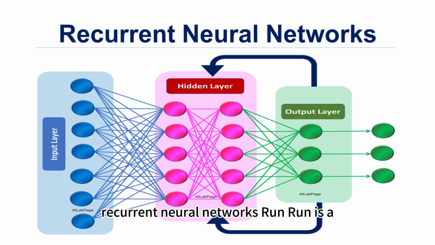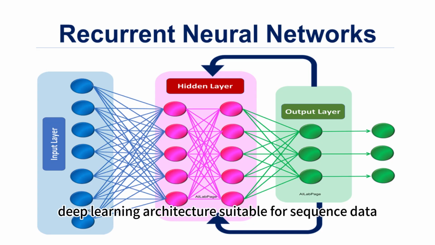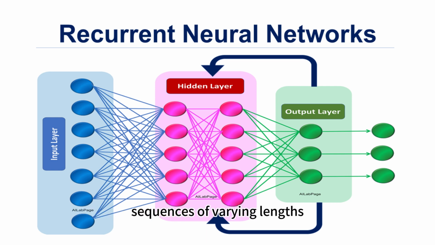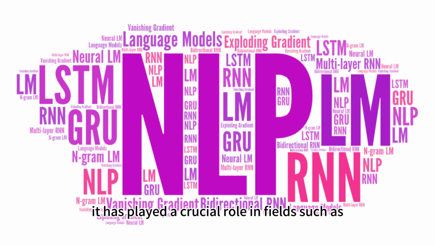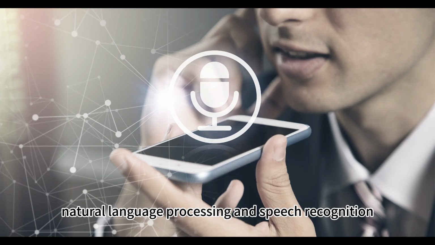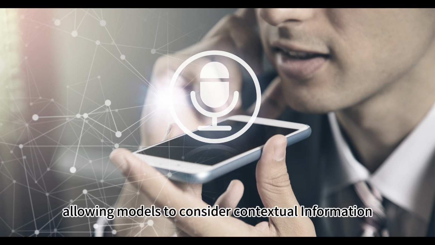Recurrent neural networks, RNN, is a deep learning architecture suitable for sequence data, equipped with memory units capable of handling sequences of varying lengths. It has played a crucial role in fields such as natural language processing and speech recognition, allowing models to consider contextual information.